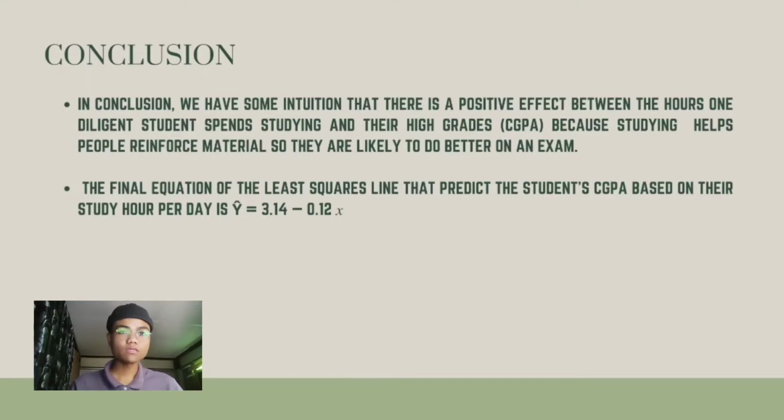Using the final equation, we predict that if students study 6 hours per day, they will get a higher CGPA in their last semester. Besides, the coefficient of determination is 0.28, and the coefficient of correlation is 0.53.